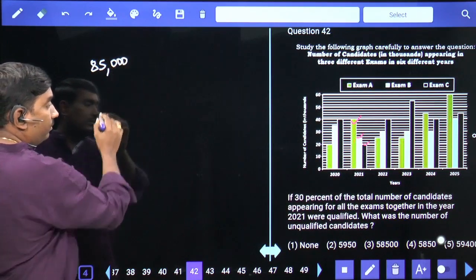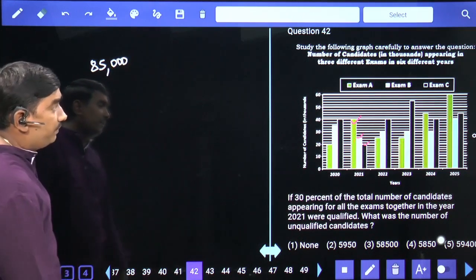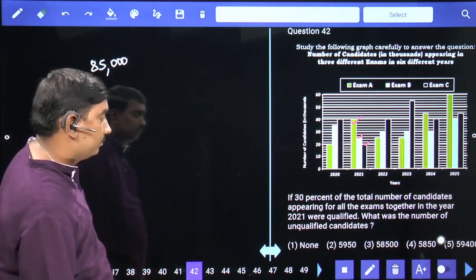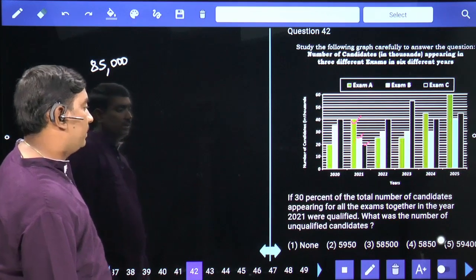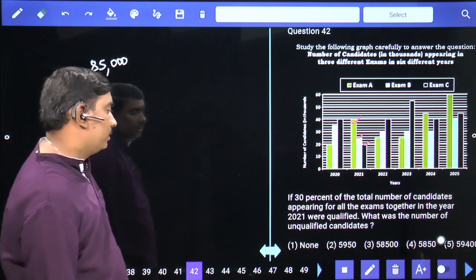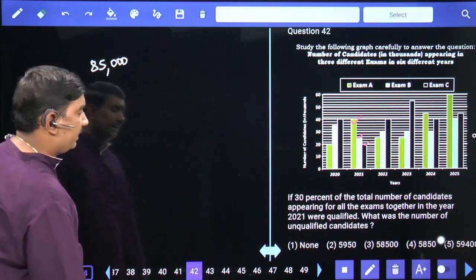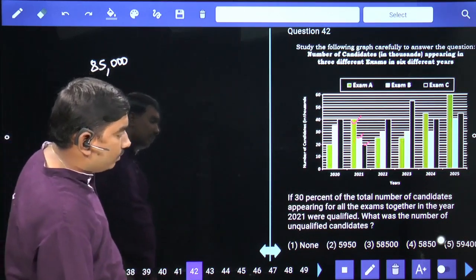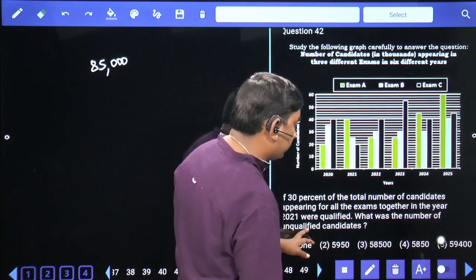In this, how many were qualified? 30% of the candidates are qualified. The question was what was the number of unqualified candidates? So 30% are qualified means unqualified candidates are 70%.